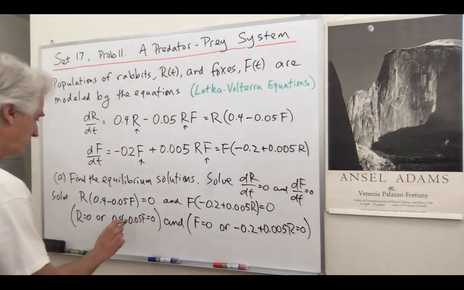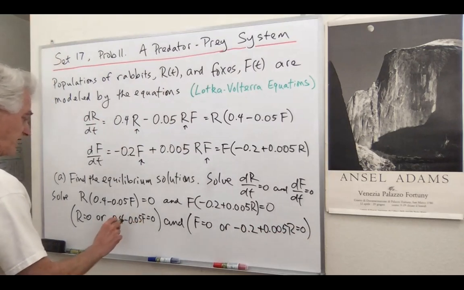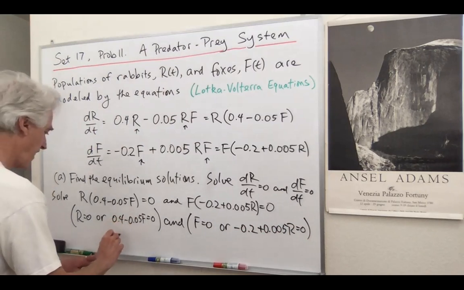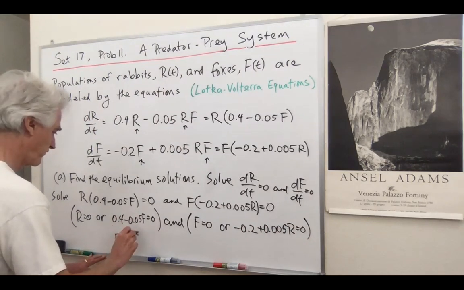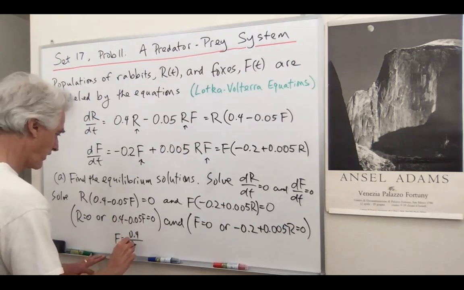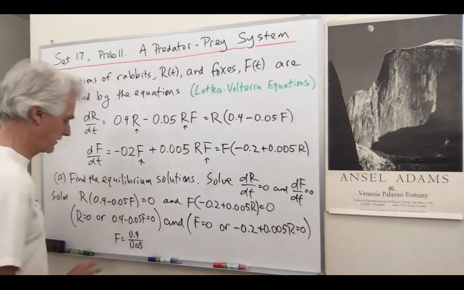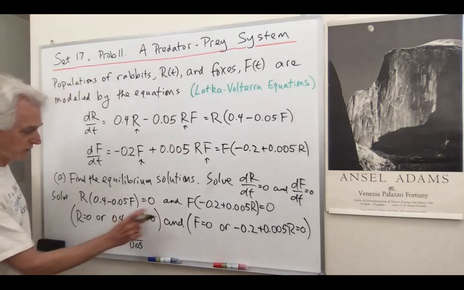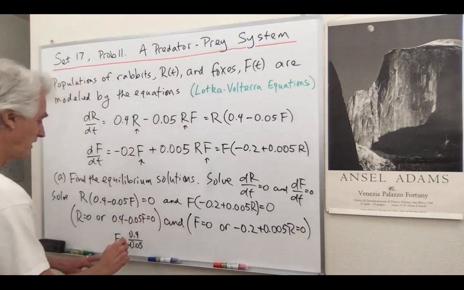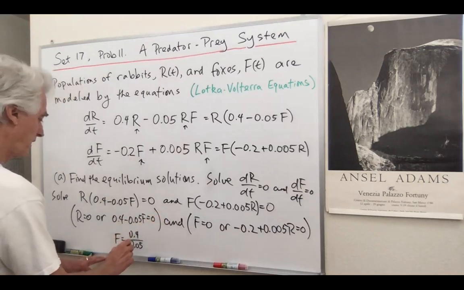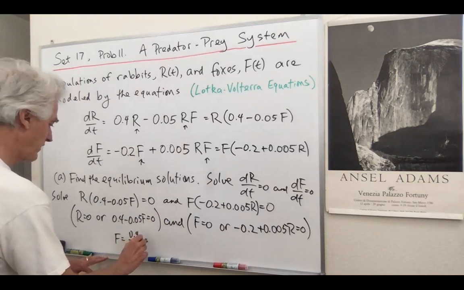So let's think about this. If I take this and solve this part here, I get f is equal to 0.4 over 0.05. I bring this to one side, the minus signs go away, and divide by 0.05. So let's multiply top and bottom by 100.